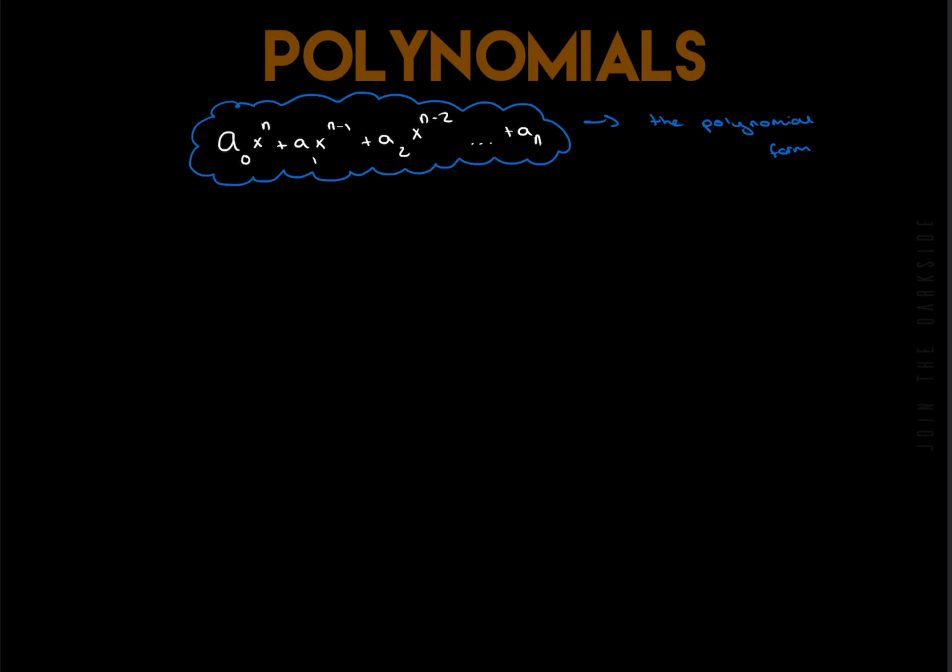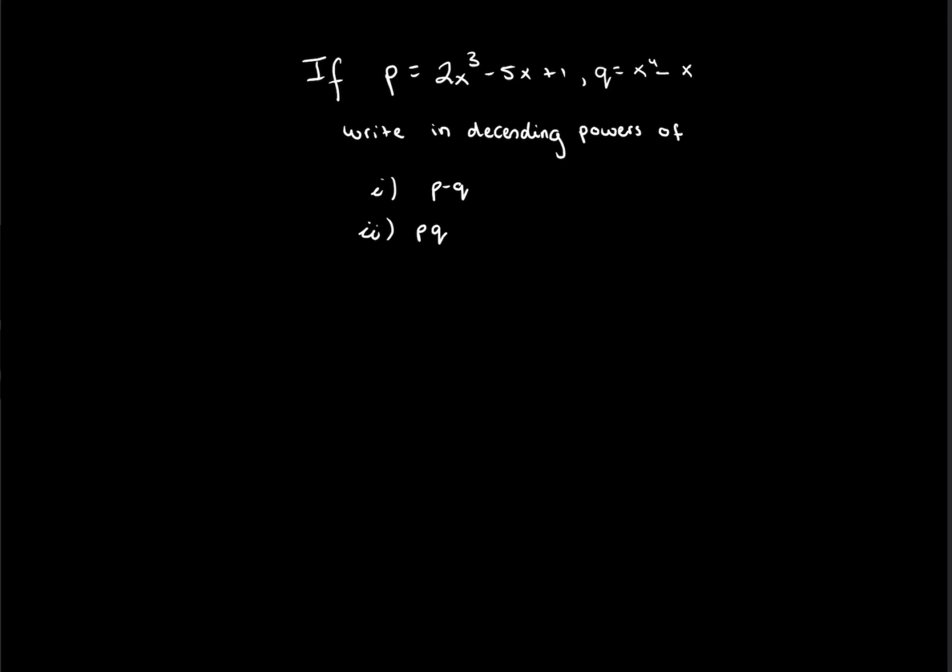So now let's go on to a question. Let's try and manipulate and see how a question would be like in an exam, and how we can go about answering it. So if p is equal to 2x cubed minus 5x plus 1, and q is equal to x to the power 4 minus x, write in descending powers of x: p minus q and pq. So what does the first one mean?